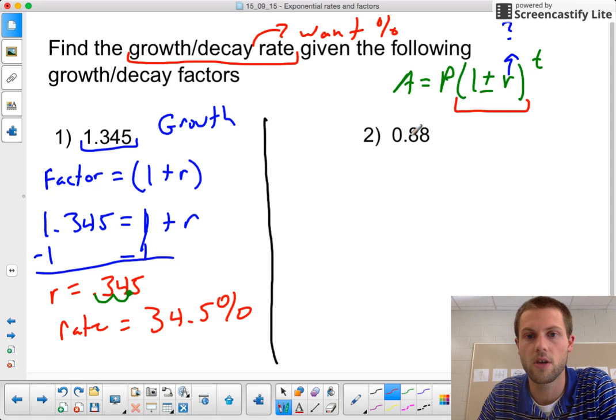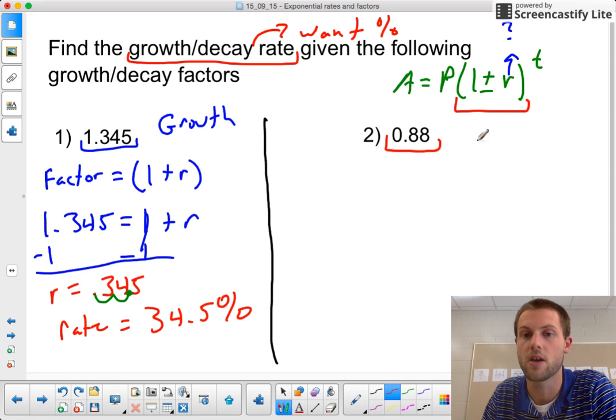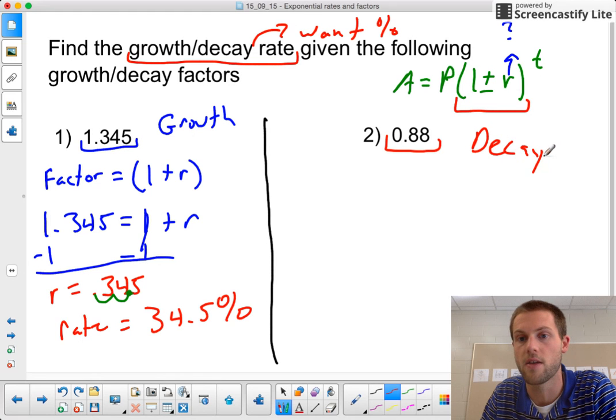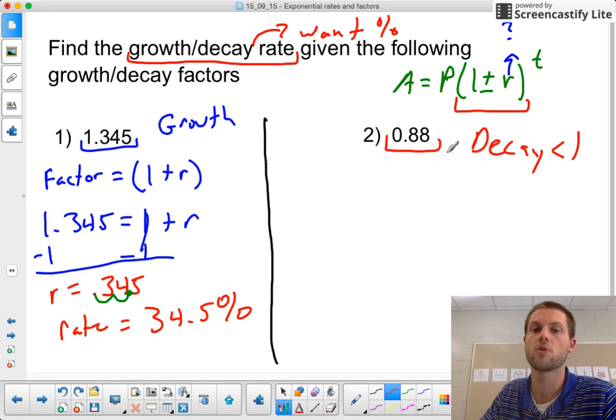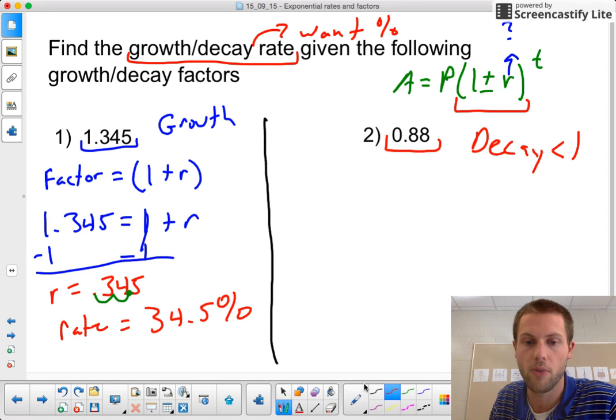For this last one here, we're going to start off with this looks like a decay factor of 0.88. Now, the reason I knew that so fast is because if my factor is less than 1, then I am looking at a decay, not a growth. But the process stays the same.